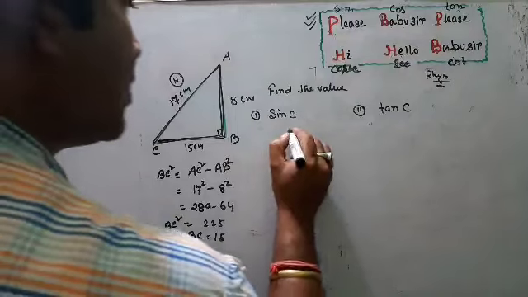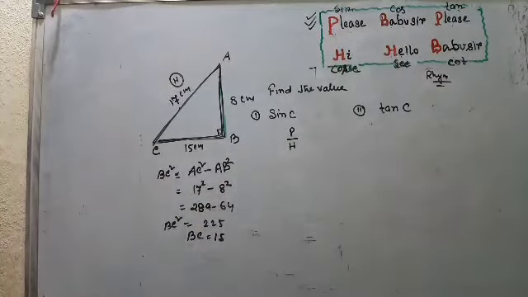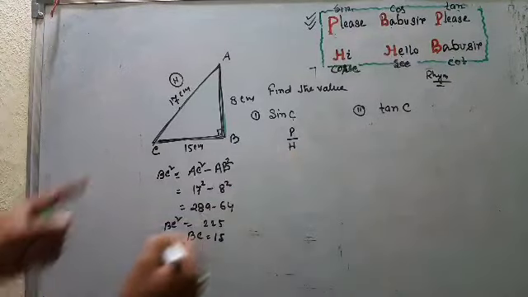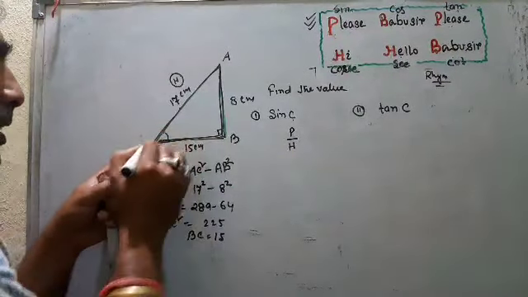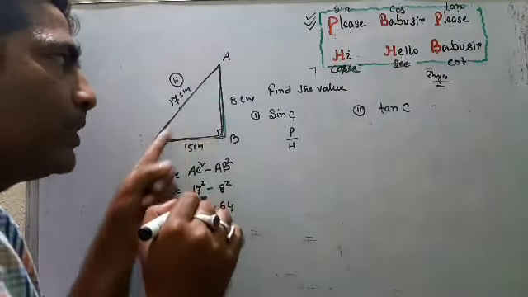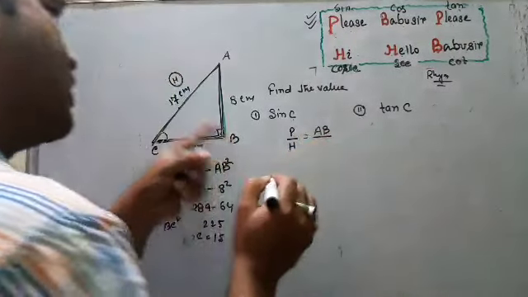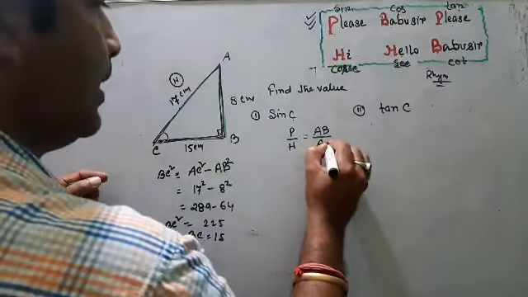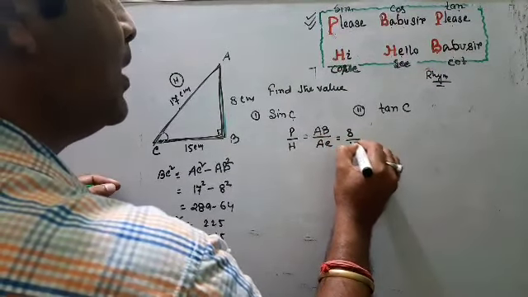Now first find the value of sine C. So sine means perpendicular by hypotenuse. Now the reference angle given is C. So from angle C when I check, AB is my perpendicular, the opposite side. So for P I write AB and hypotenuse is common, AC. So in place of AB I put 8 and AC 17.